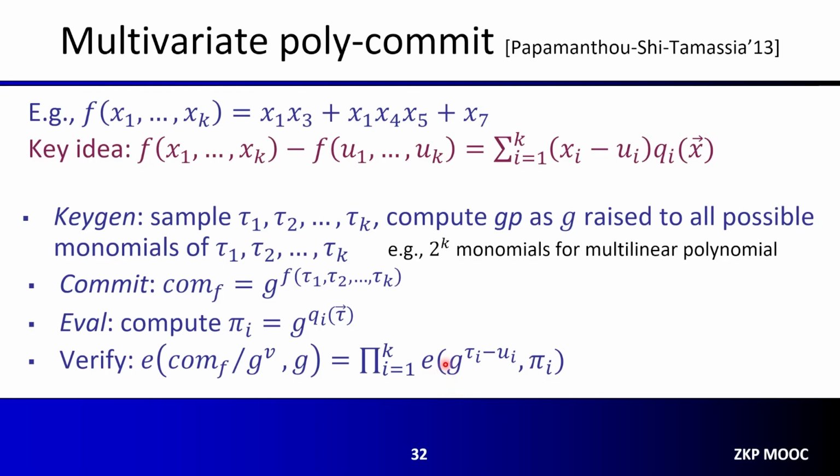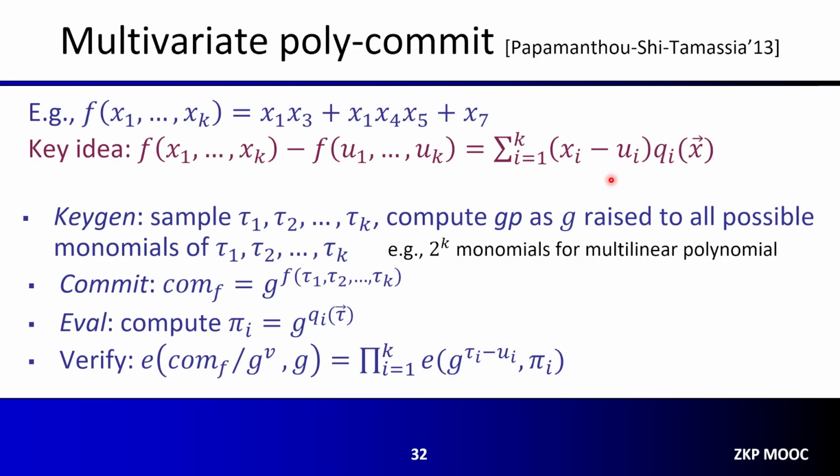The verifier computes the pairing between g to the power of tau_i minus u_i and pi_i, and then multiplies all of them together from i equals 1 all the way to k. If you do the derivation, this is essentially checking this equation at point tau in the exponent. And for similar reasons, this scheme is correct and can be proved sound under the same assumptions.